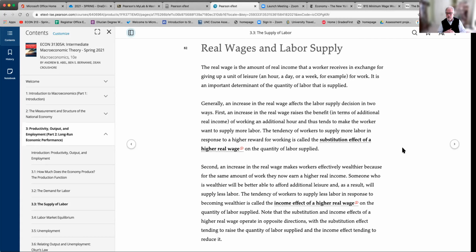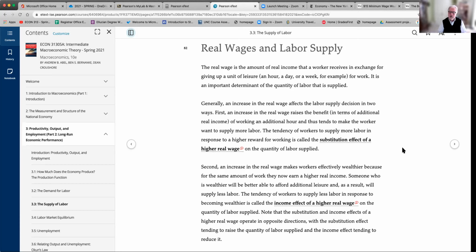So the substitution effect of that works to cause you to think about how much leisure you want to consume. As the price of leisure goes up, the real wage goes up, you generally demand less of something. In other words, as the real wage goes up, you decide you're going to work more, right?